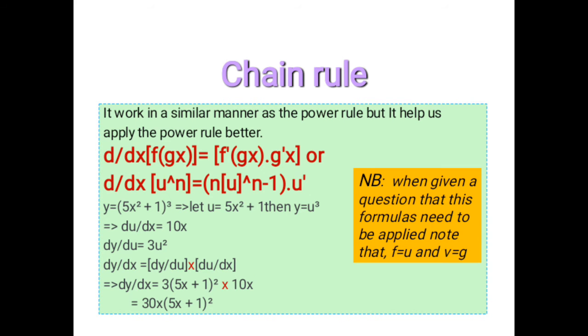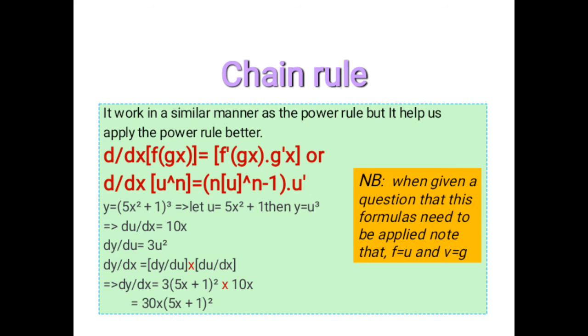You will see that dy on dx here is equal to 3, that's applying the power rule, times 5x plus 1 raised to the power 2. Oh, there was a mistake in here. We're supposed to have 5x squared, but I didn't put the squared. That's a mistake made there. So you can correct it in your books.